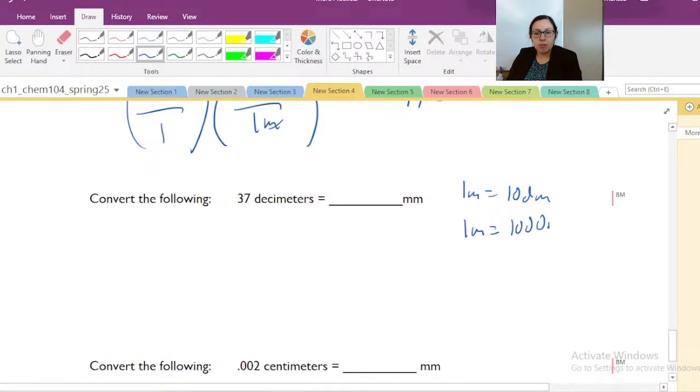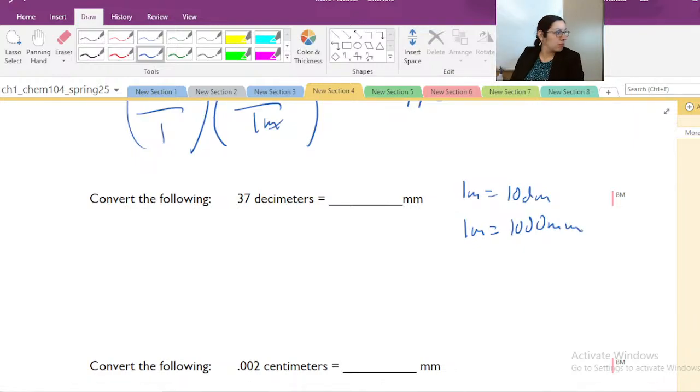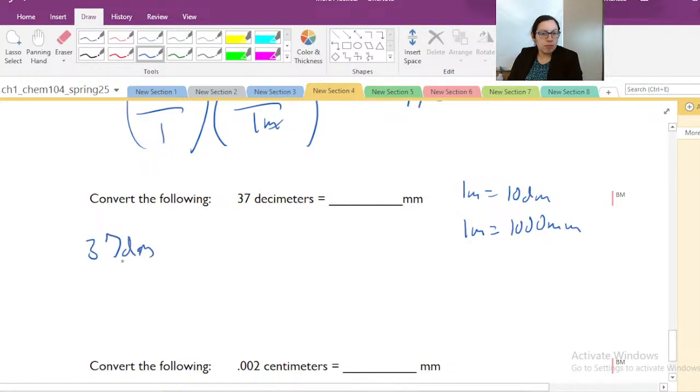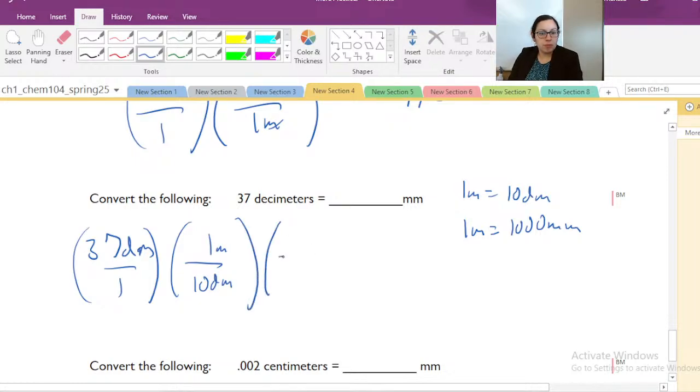So doing the method that you taught us, I said 37 decimeters over 1, times 1 meter over 10 decimeters, times 1,000 millimeters over 1 meter. And then the units will cancel one another, and we're left with millimeters.